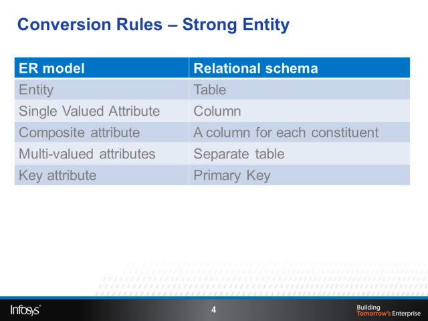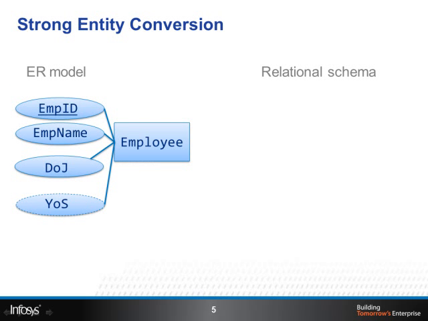The key attribute is modeled as a primary key. Finally, the general practice is that all derived attributes are simply ignored in the relational model. Consider the strong entity, employee, with attributes employee ID, employee name, date of joining, and years of service.